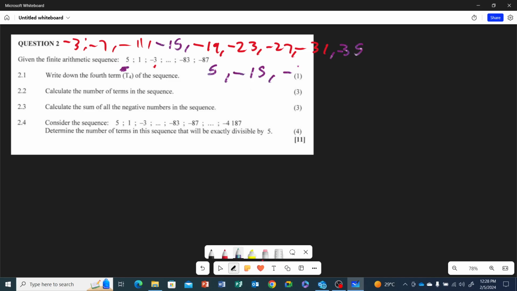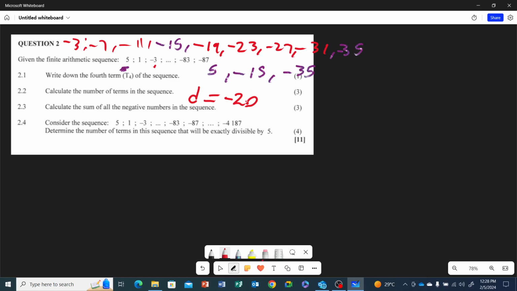Now what is the difference between the terms? The difference between minus 15 and 5, minus 15 minus 5, you will get that the difference is minus 20. The difference between negative 35 and negative 15 is negative 20.